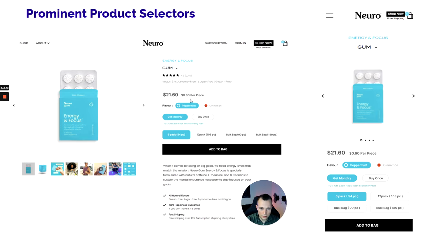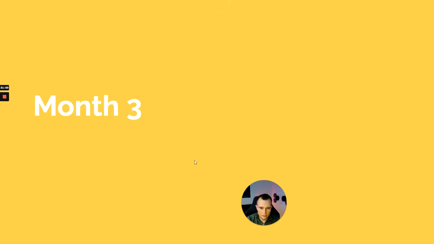So we put it all up there at the top, and it looks so sleek on mobile. Look at this, so easy to pick the flavor, the frequency, and the pack, and you can add it to the cart, right? And we believe that this is going to massively improve the conversion rate, as you don't need to go up and down, which can be extremely tiring, especially on mobile. So yeah, this is really great.